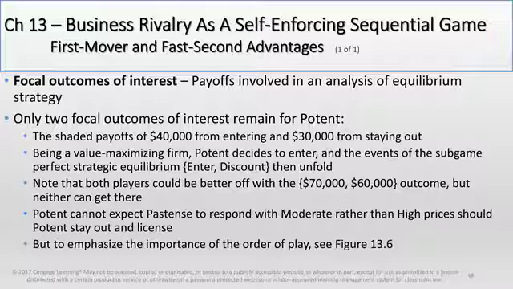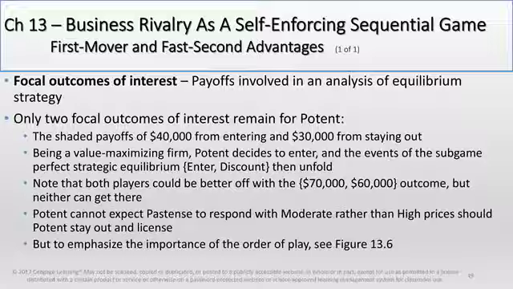If moderate, Potent stays out and the incumbent gets 70K. If discounted, Potent enters and the incumbent gets 50K. Pastinence chooses moderate pricing, expecting Potent to stay out. New equilibrium: moderate, stay out. Payoffs: Pastinence 70, Potent 30.